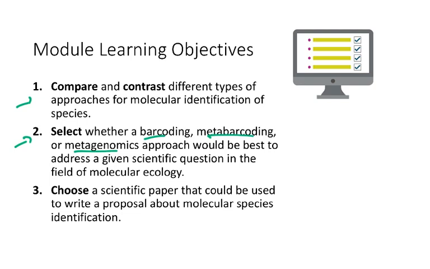So you'll start to get some practice in figuring out, based on a scenario, what type of approach would be best. And then lastly, you'll be able to choose a scientific paper that could be used to write a proposal about this topic of molecular species identification.